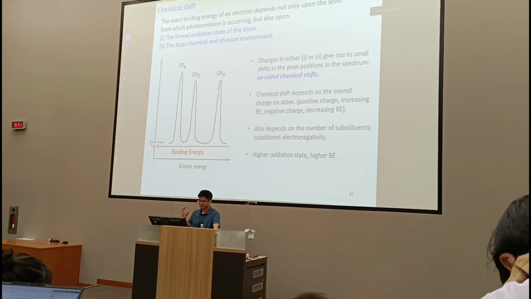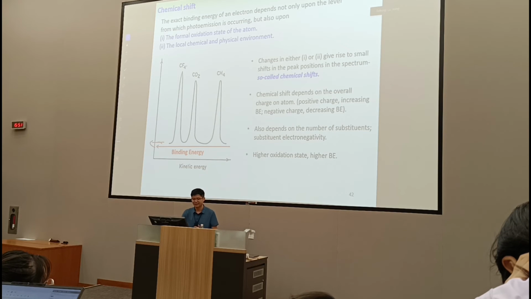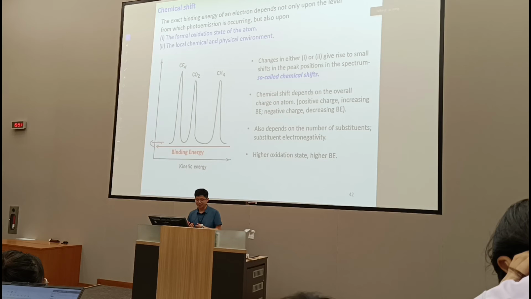This is because if you want to drag one electron from the carbon valence orbitals, the electron affinity of fluorine makes the carbon more positively charged, making it harder to escape. The harder to escape, that means the binding energy increases, right? So it means the electron lies in a deeper level.